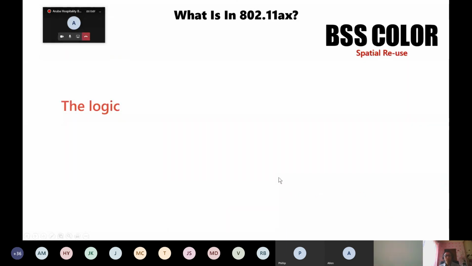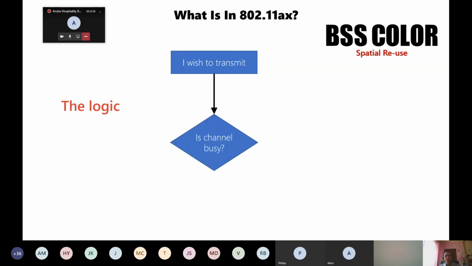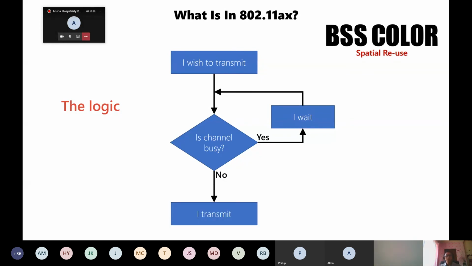The logic behind CSMA-CA is that every device, including the AP, if it wishes to transmit, will have to check if the channel is busy. If the channel is busy, it will have to back off, wait and try again later. If the channel is not busy, then the device can transmit. That is the logic.